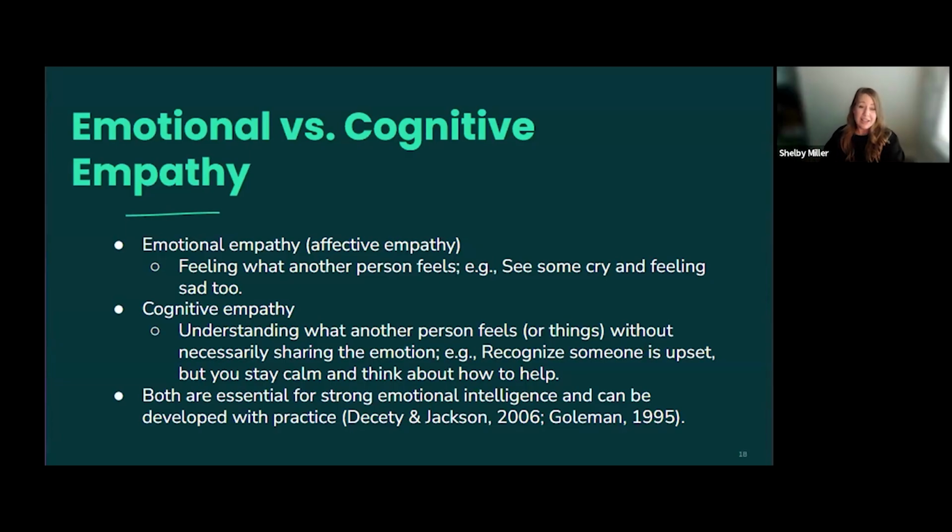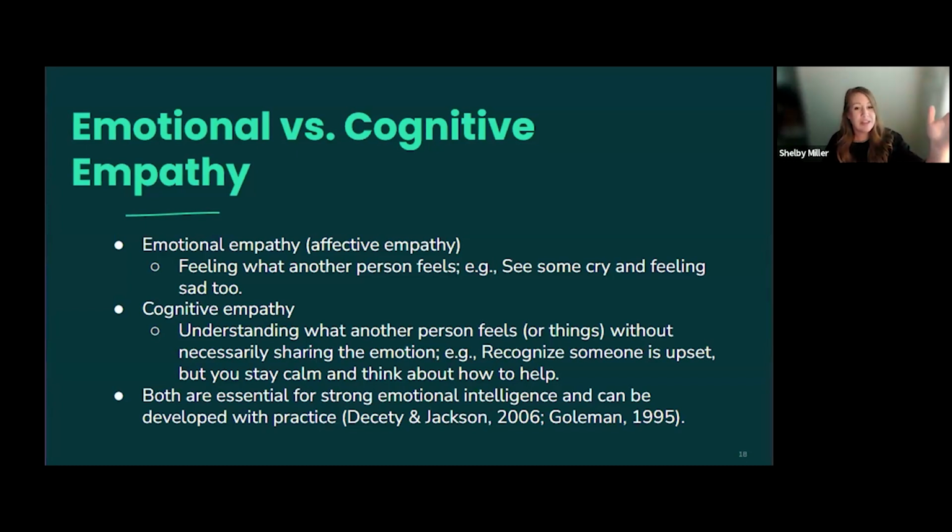This is different from cognitive empathy, which is when you understand what someone else is feeling or thinking, but you're not necessarily sharing that emotion yourself. For example, you recognize a friend is upset because of a loss, but you stay pretty calm and think about how to help. You're not jumping to emotional empathy, feeling their loss with them as if you are them. You're in the calm and cool aspect of it, but you understand how they feel.